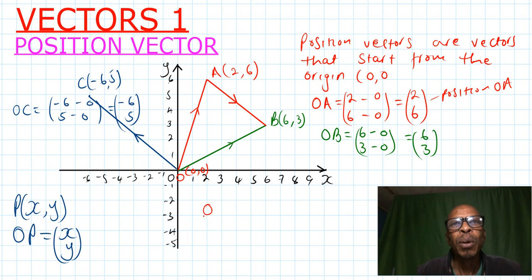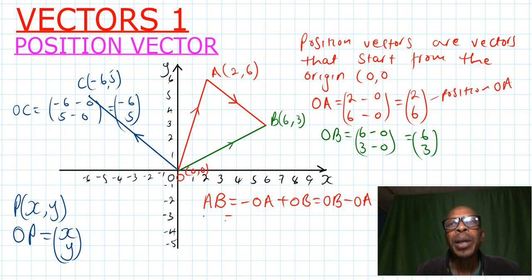So AB is equal to minus OA plus OB, which is OB minus OA. Now we already have OA and OB. Our OB is 6, 3. Our OA is 2, 6.